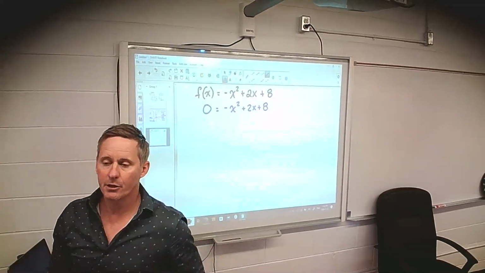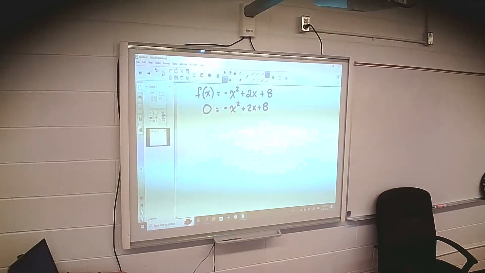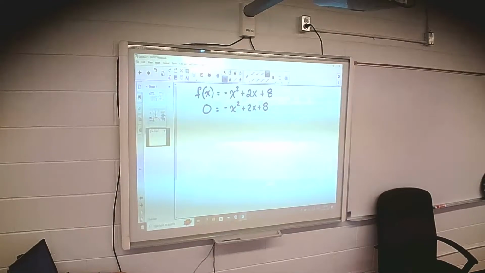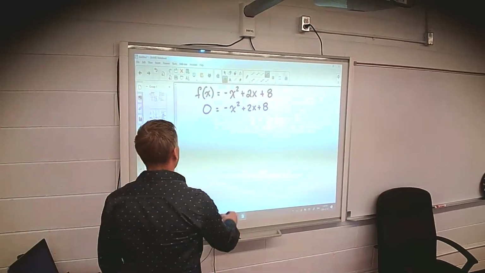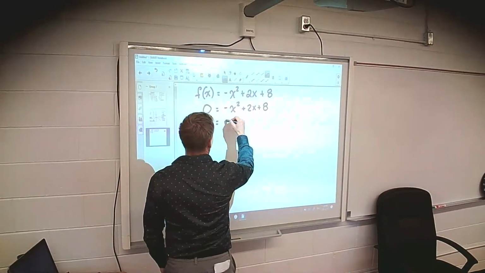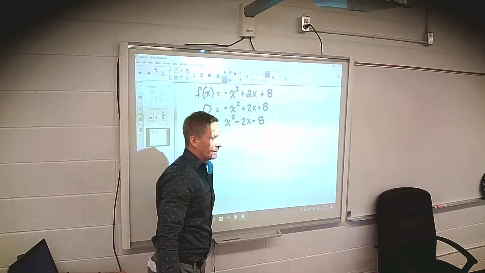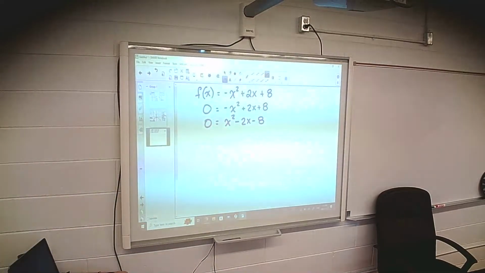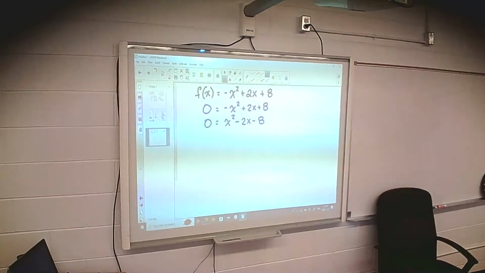You can just use your graph to do it, but we need to refresh on how we did this. The first thing I'm going to do is multiply everything by -1. That still gives me 0. That gives me x squared minus 2x minus 8. I never like using a value in front of the x squared if I can help it.